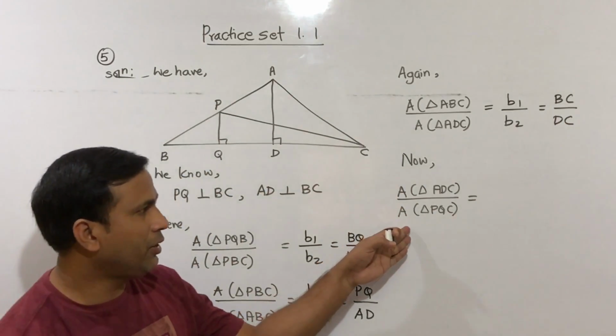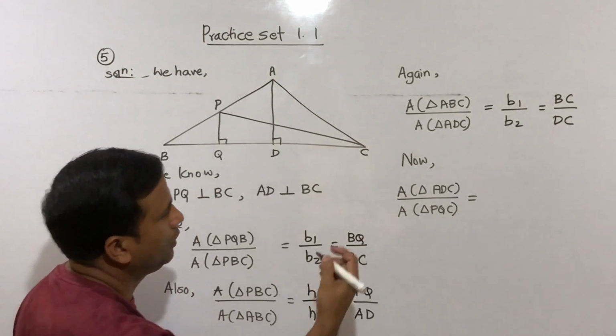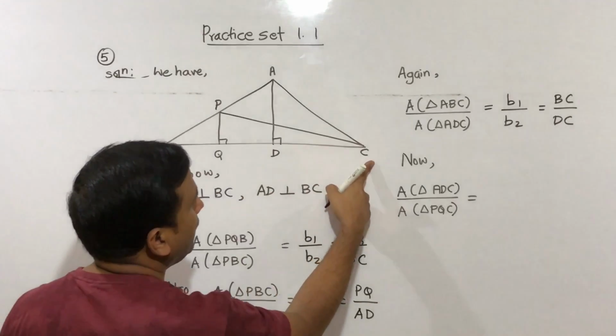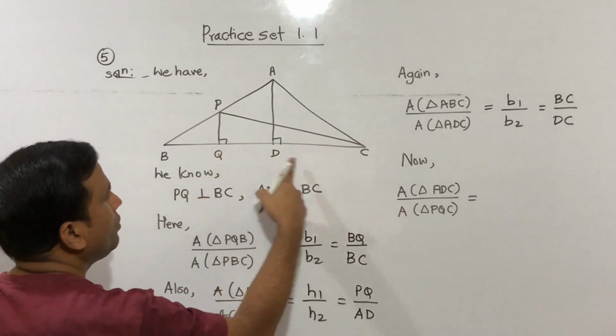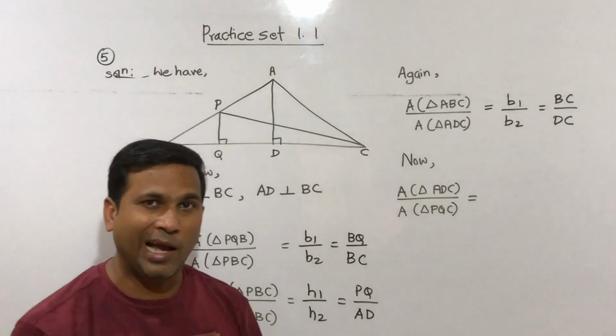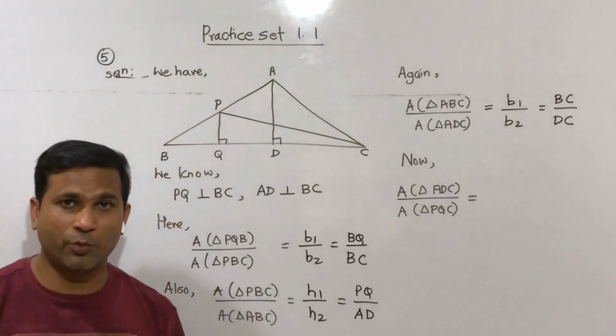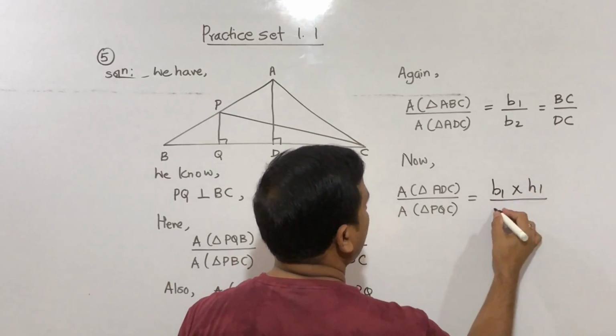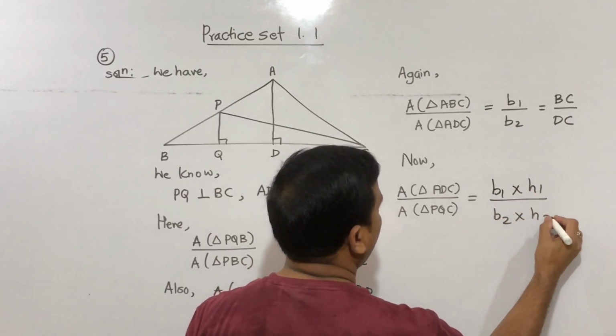Similarly, we can find the fourth ratio, that is area of triangle ABC and PQC. Here neither the base is equal nor the height is equal, so we will use the first property, that is B1 into H1 upon B2 into H2.